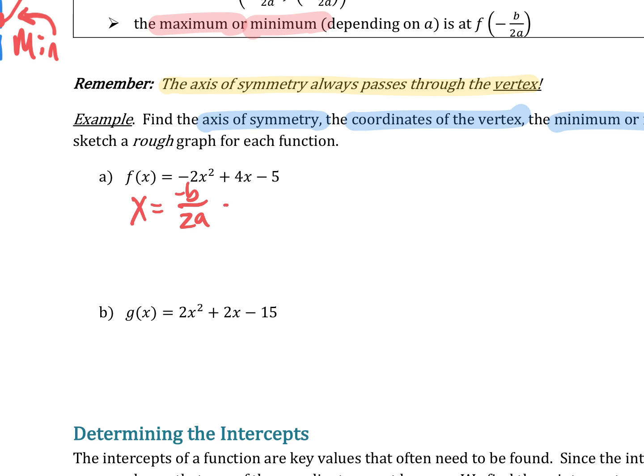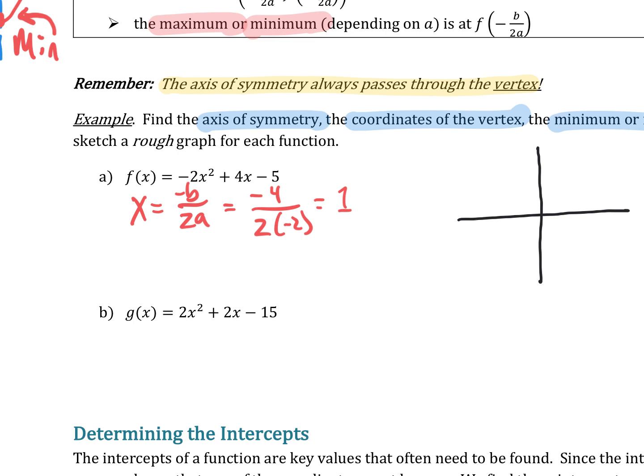And so we're going to plug in our negative 4 because our b value is 4 and our a value is negative 2. So we have 2 times negative 2. And that's just negative 4 over negative 4, which is 1. So we know that our x value is 1. Now it's actually a good idea to start sketching our graph as we do this, because we'll get a good picture of what's going on here.